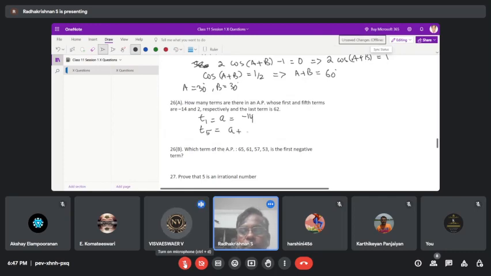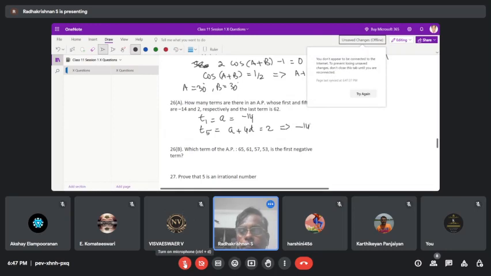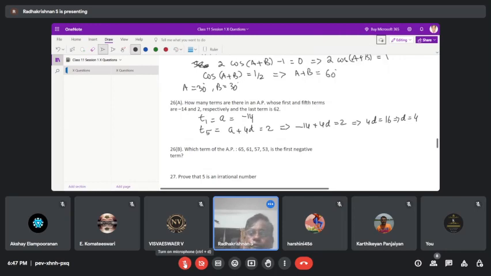A plus 4D, sir. A plus 4D equal to 2. It means minus 14 plus 4D equal to 2, so we can determine D equal to 4.